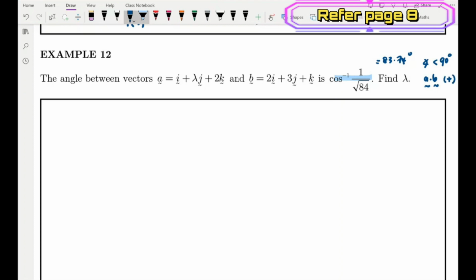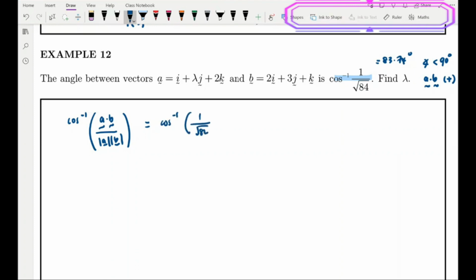Okay, so first, by using the formula of the angle, inverse cos of A dot B over magnitude A magnitude B equals inverse cos 1 over 80.